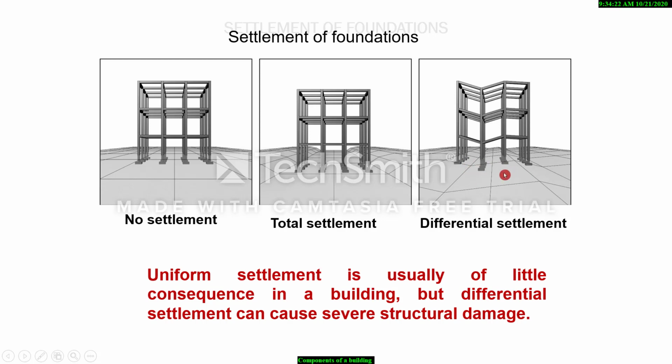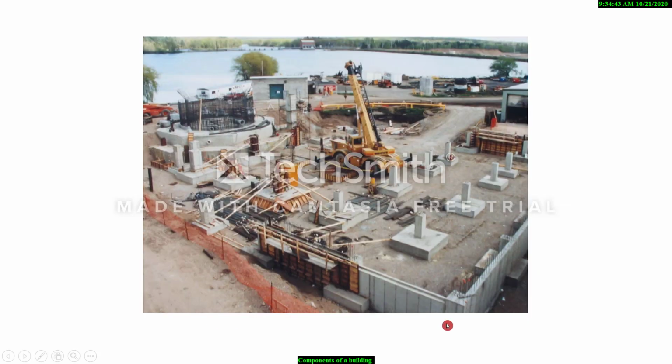So this is more dangerous because this will induce more stresses on the beams. This is not too dangerous, but too much settlement will cause trouble to the building. So uniform settlement is usually of little consequence in a building, but differential settlement can cause severe structural damage. So this is a figure showing the making of foundation.